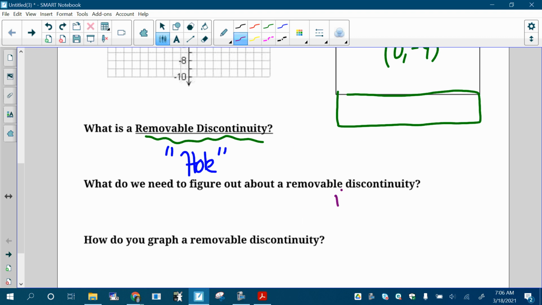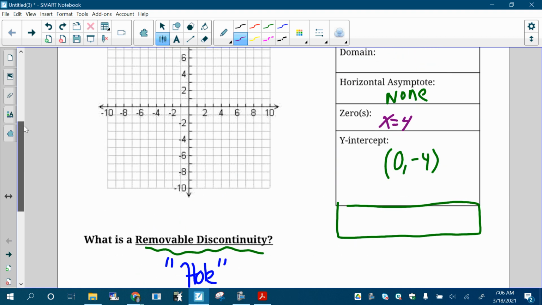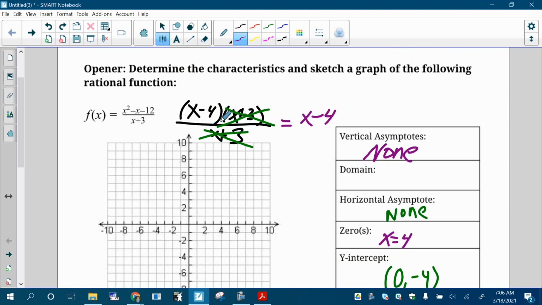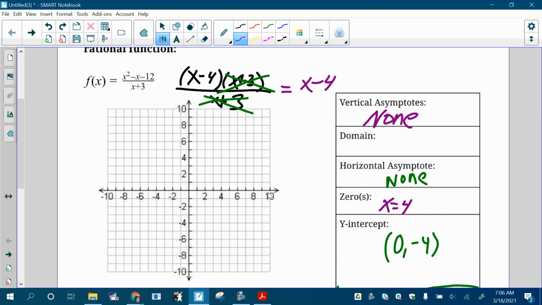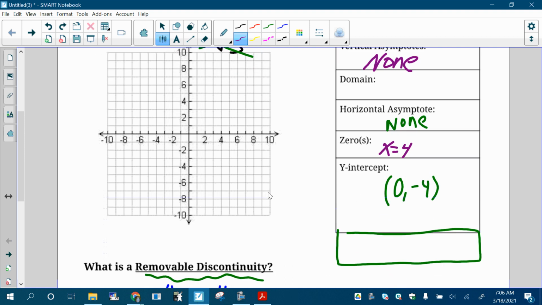We want to figure out where it is. Anytime you cancel, you have a hole. We canceled an x plus 3 and an x plus 3. Where do we think the hole is? Well, if we canceled an x plus 3, the hole is probably at negative 3.